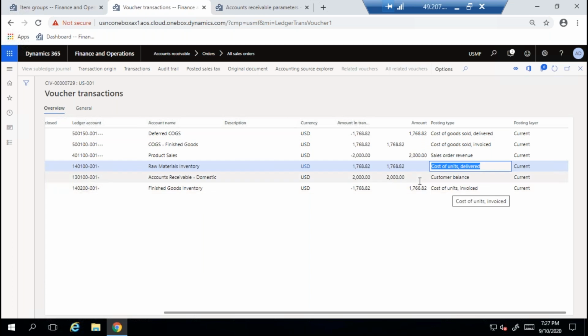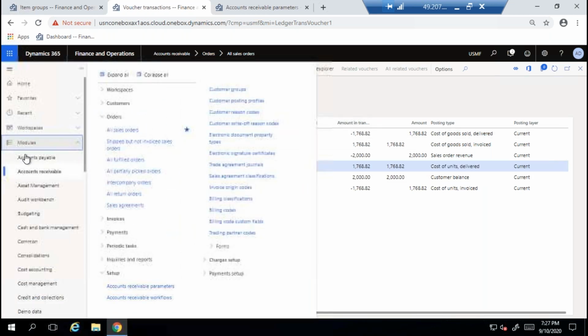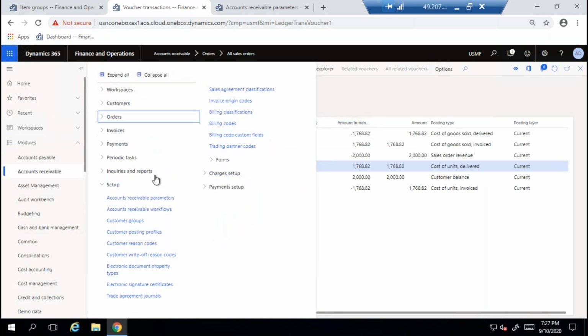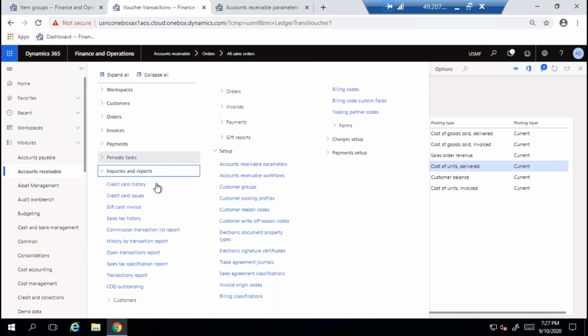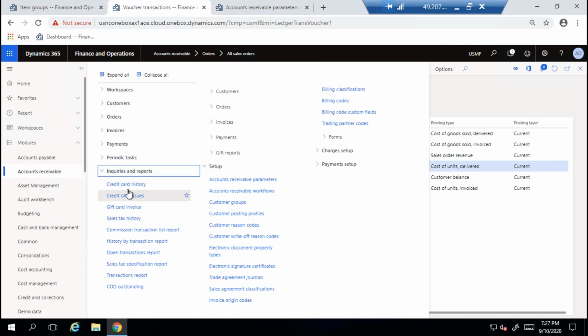My question is, is reporting available, yes or no? Yes, reports are available, but it is not in my course content. Inquiries and reports are available. What are the specific reports for these voucher transactions only?